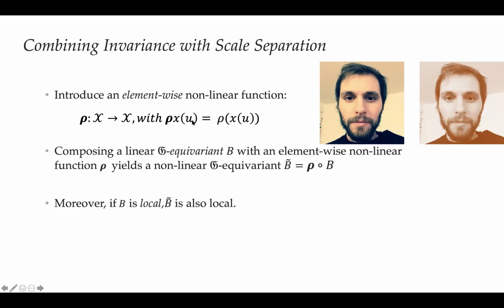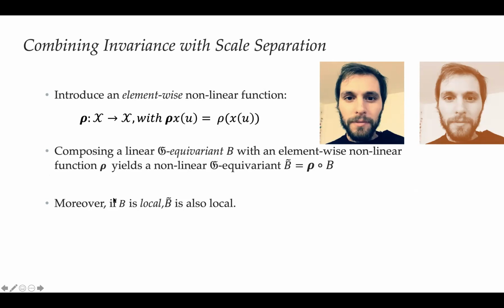So it takes as input a whole image, but in fact every pixel is treated independently by an arbitrary nonlinear function. It's immediate to see that if I have a linear equivariant B and I compose it with the element-wise function rho, I automatically gain a nonlinear equivariant. That's also a simple exercise that you could try to work out by yourself.